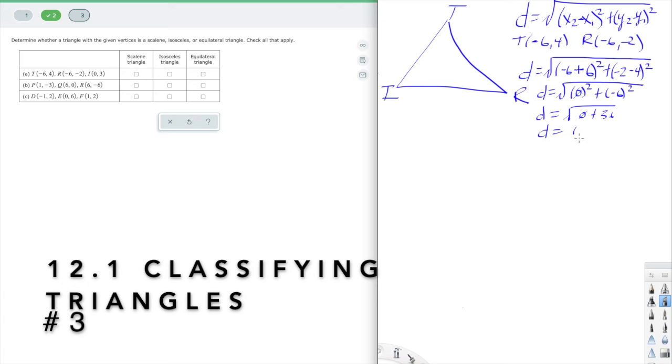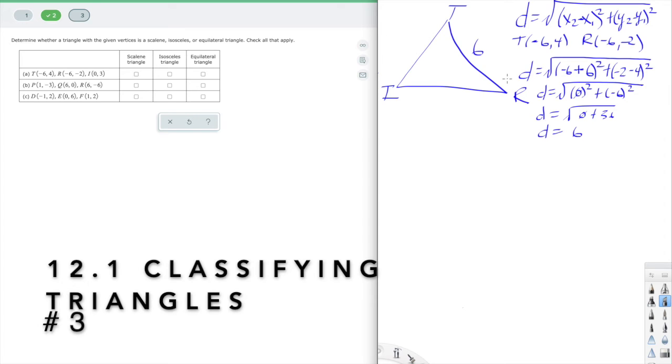The square root of 36 is 6. When I ask what is the square root of a number, I'm asking what number I multiplied by itself to get that number. I multiplied 6 times 6 to get 36. So the length of this side is 6.